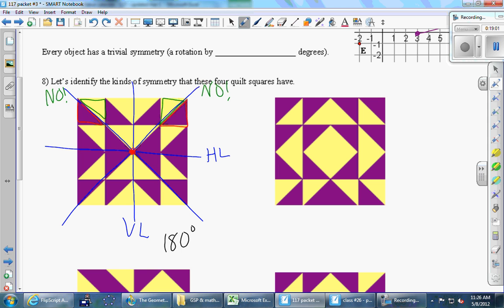Yeah, and in fact, it's silly, but we're always going to write 360 because it doesn't matter how it looks, it will always come back to itself after 360. Every object has trivial symmetry. If you rotate by 360 degrees, it lands back on itself.